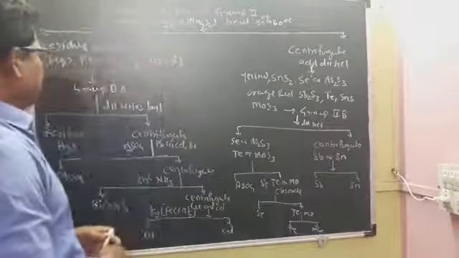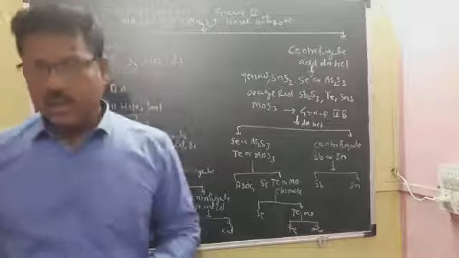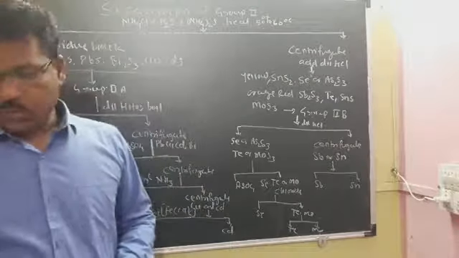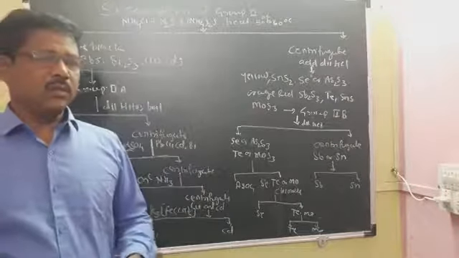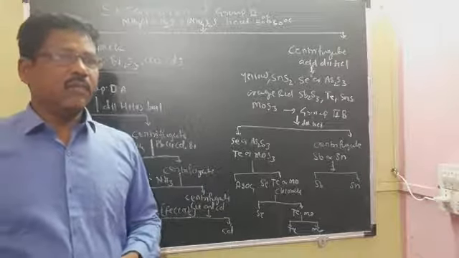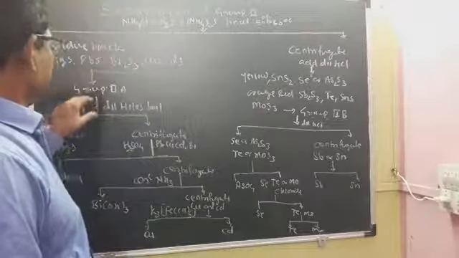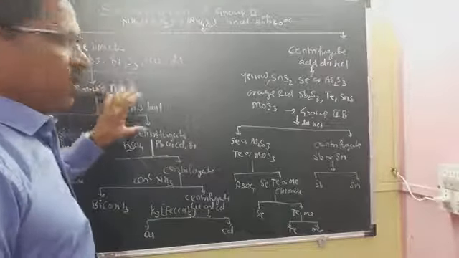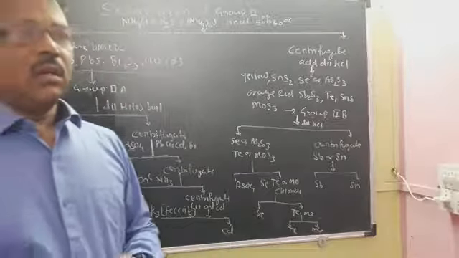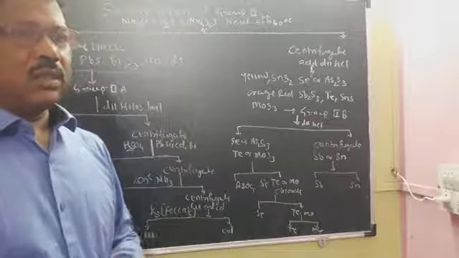Here, the group second A elements, this black residue, is washed 2 times using distilled water and centrifuged, and the washing is discarded.